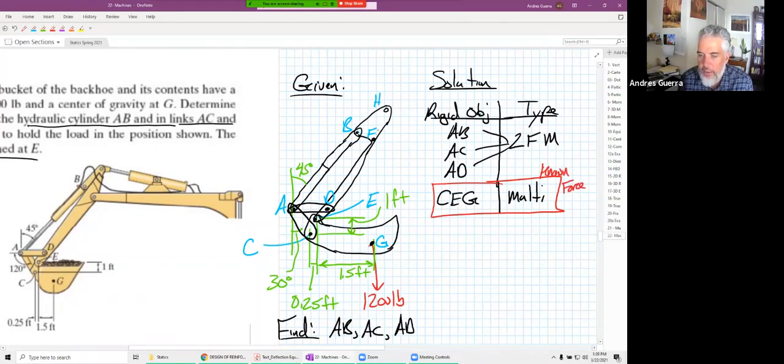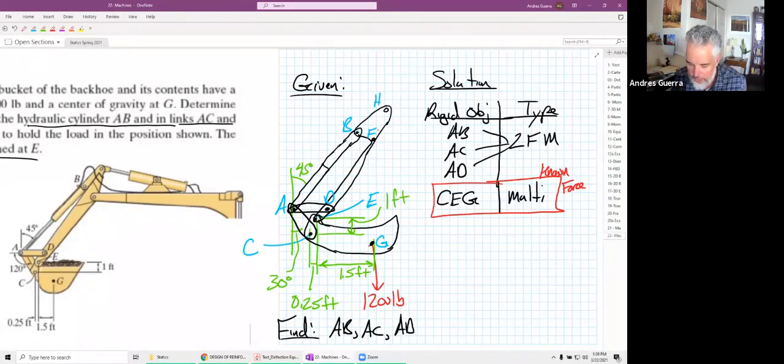And actually, we are never going to draw an FBD of a two force member. We would never just take AB and draw an FBD of it, because the only thing it's going to show is compressions or tensions on each side. We always need to look at those multi-force members for our FBDs because those are the ones that have the known values on them.